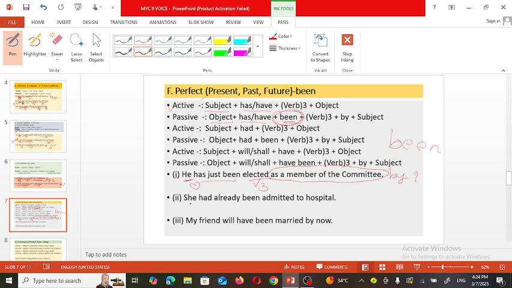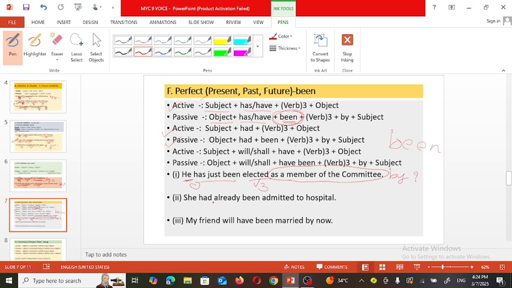Now see the next example. This sentence is in the past perfect tense. See, in the past perfect tense, when the sentence is in active voice: subject plus had plus V3 form plus been. And when it is passive voice: object plus had plus been, then V3 form, by and subject. Very easy.